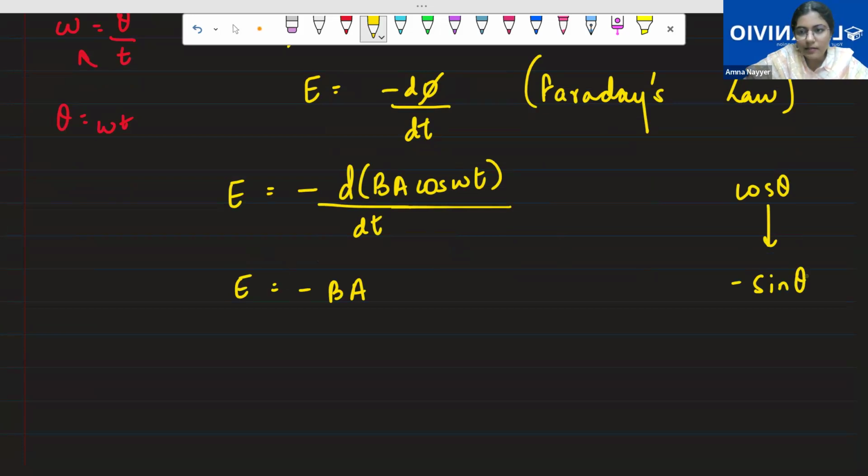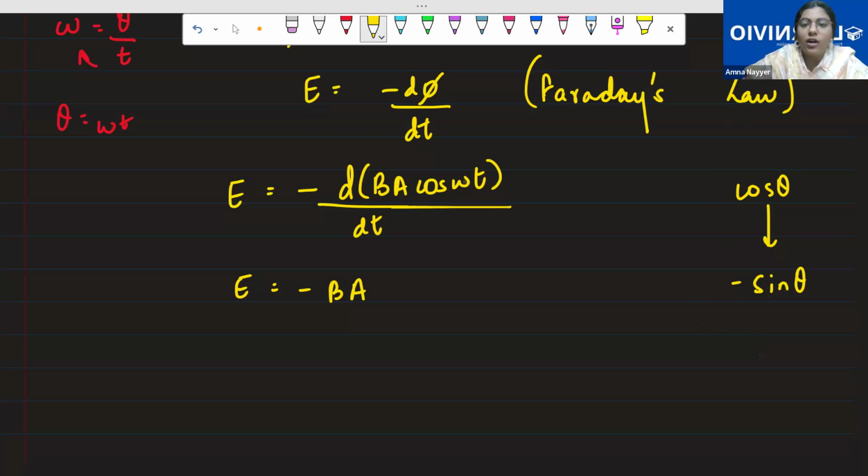Now see, one more concept here that I think we haven't discussed. This is the first time it is coming. Remember, whenever you differentiate a quantity, and a constant is there in the angle, that constant comes out and gets multiplied.